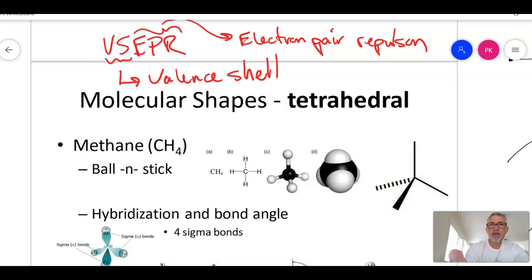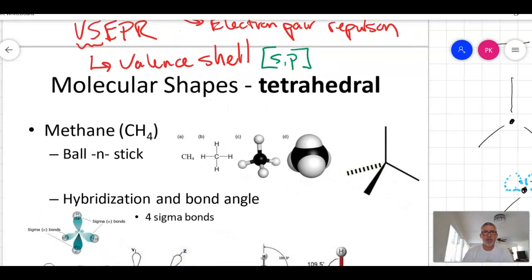So we have valence electrons in the s and p orbitals, right? And since they're all negative charges, they'll repel each other to occupy as much space in a three-dimensional plane as possible, and that gives us shapes.